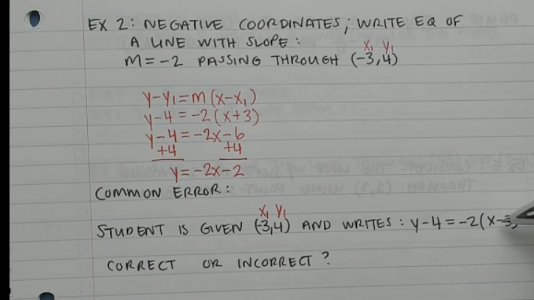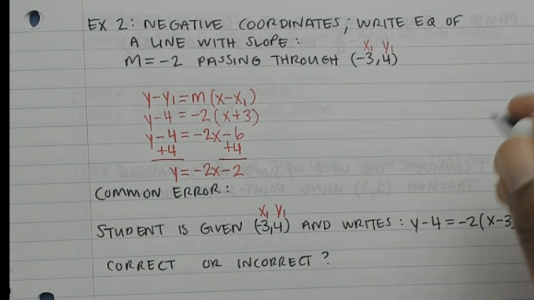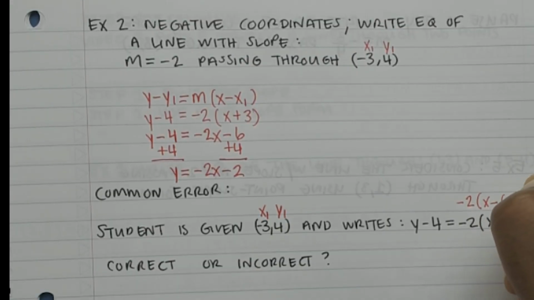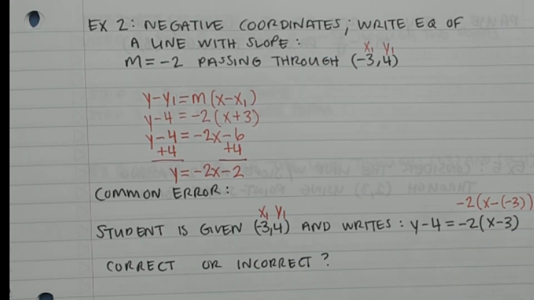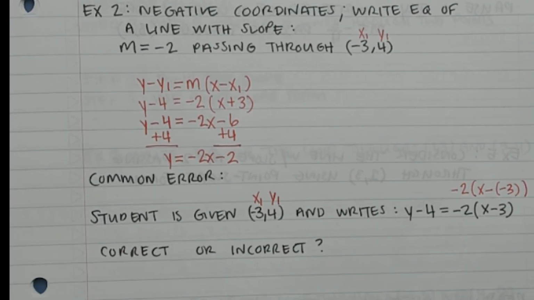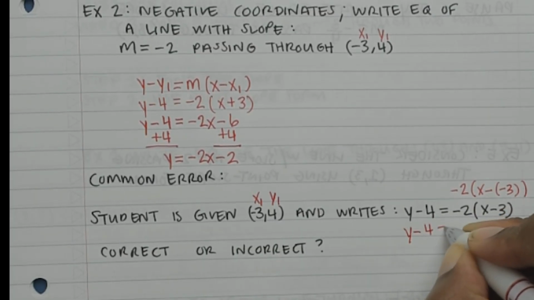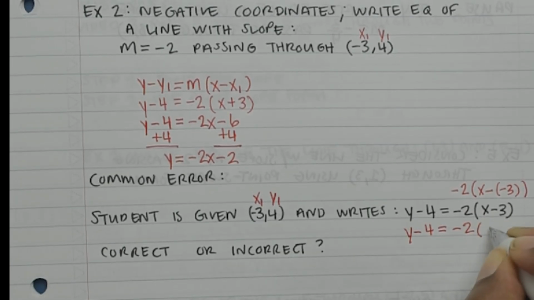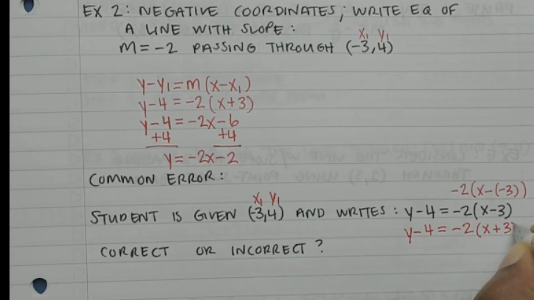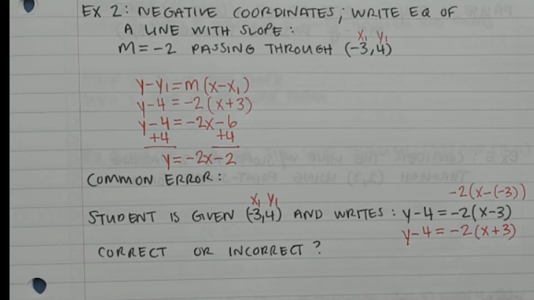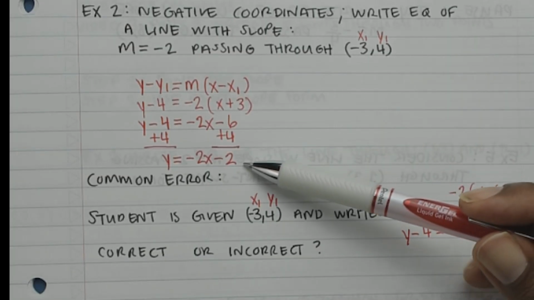So if this is a negative 3, they should have written negative 2(x minus negative 3), and that would have generated the appropriate result, which is negative 2x plus 3. That is what the equation should have been. So again, this is valid, or you can compute it even further to simplify the equation into slope-intercept form.